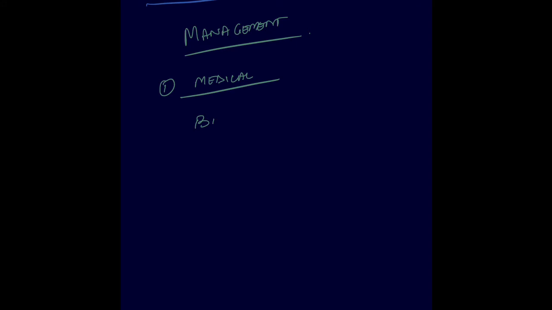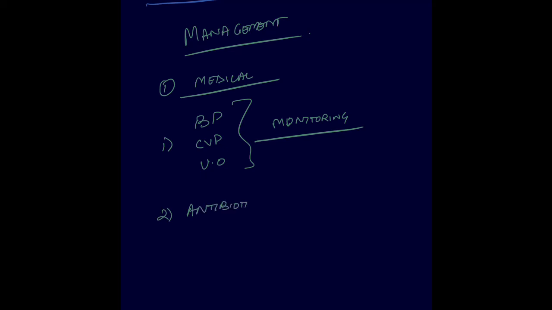We have to constantly measure the BP, the central venous pulse and the urine output of the patient. Constant monitoring is required. Okay. Second thing is start antibiotics. Why are antibiotics required? Because spontaneous bacterial peritonitis, SBP, is a very common risk factor for HRS.